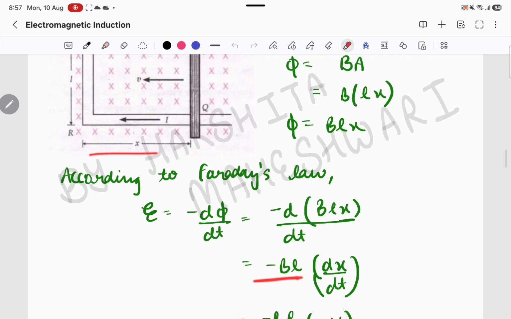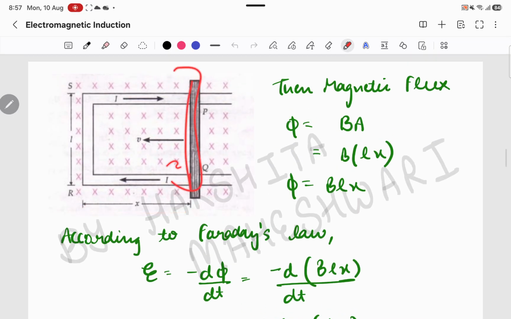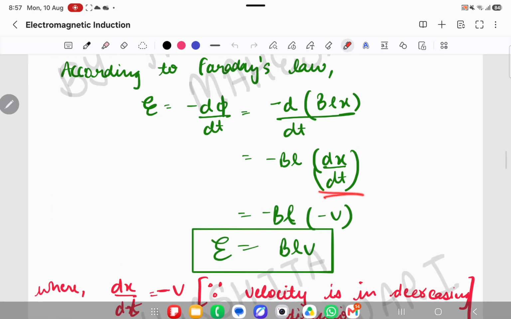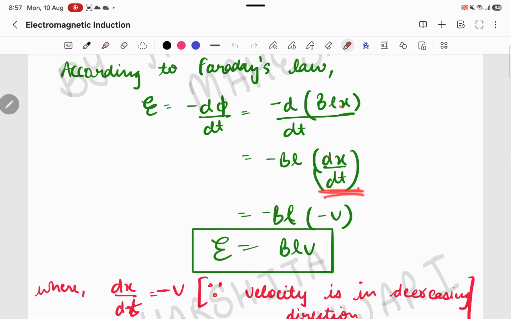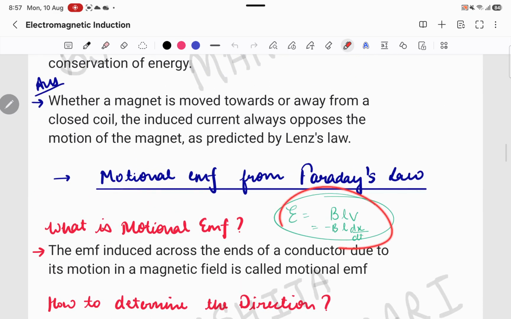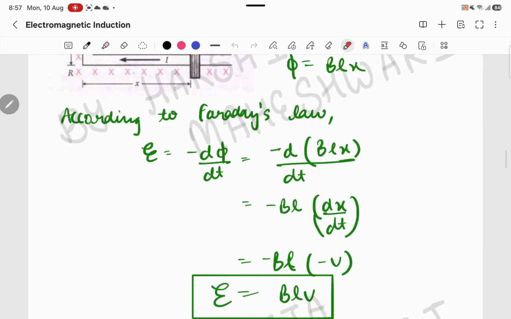Only the width is changing, because as soon as the conductor moves here or there, the value of X will be changing. So we wrote it as dx by dt in the derivative term, and we know that this is minus V, and we get E is equal to BLV. So this is the final formula that we are getting, the motional EMF.